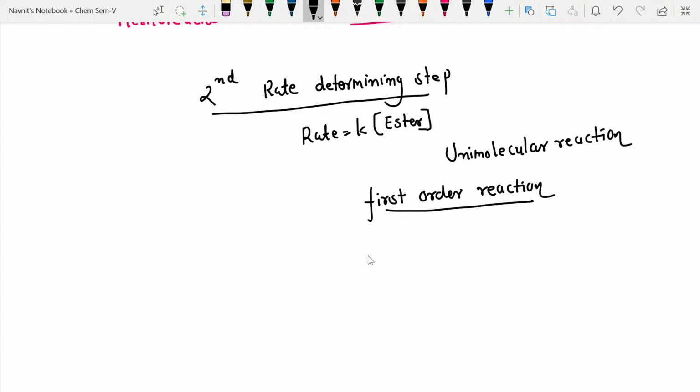This reaction is a first order reaction. So unimolecular is said based on the molecularity of the reaction, and the order of the reaction we can determine by experiment.